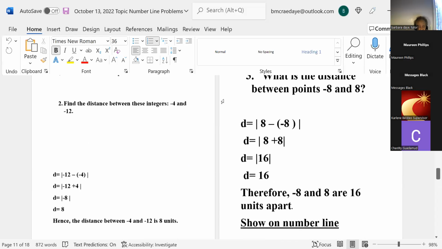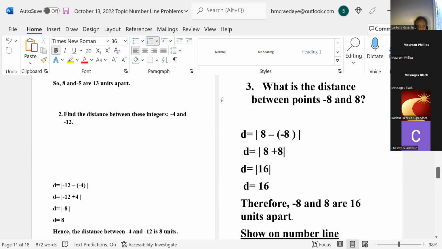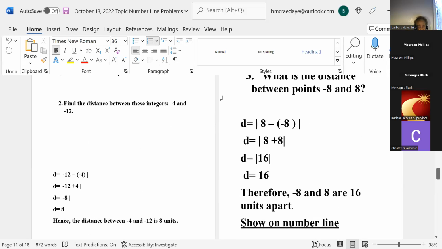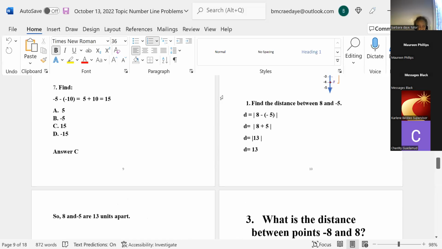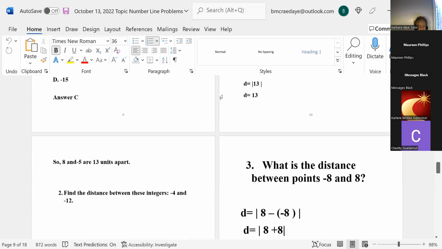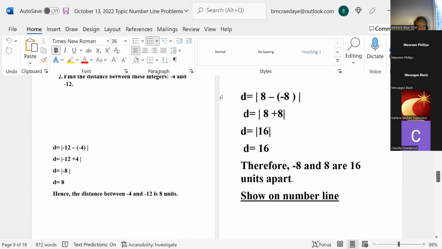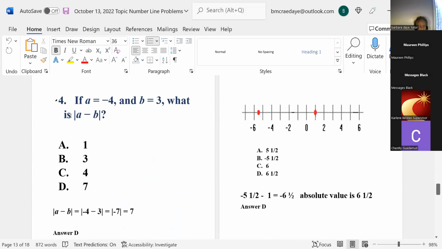That's saying if A equals -4 and B equals 3, what is A minus B? That's what I'm seeing. You see that, right?